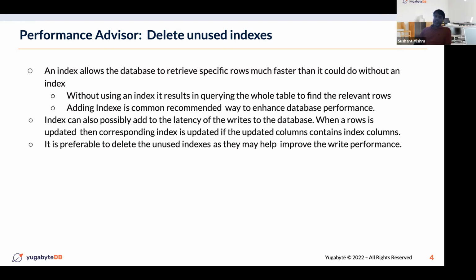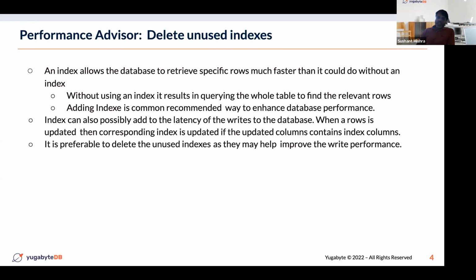So in case of a single node database, your writes are still going to your local disk, so the cost is much lower. But in case of a distributed database like YugabyteDB, when you issue a write, it may be going to completely different nodes altogether.